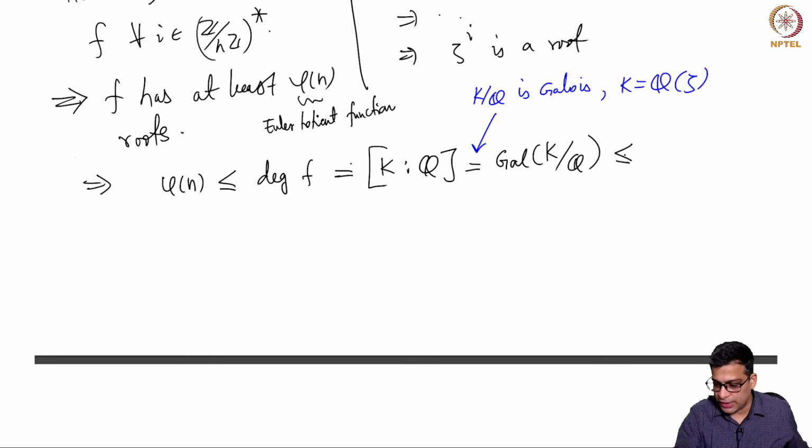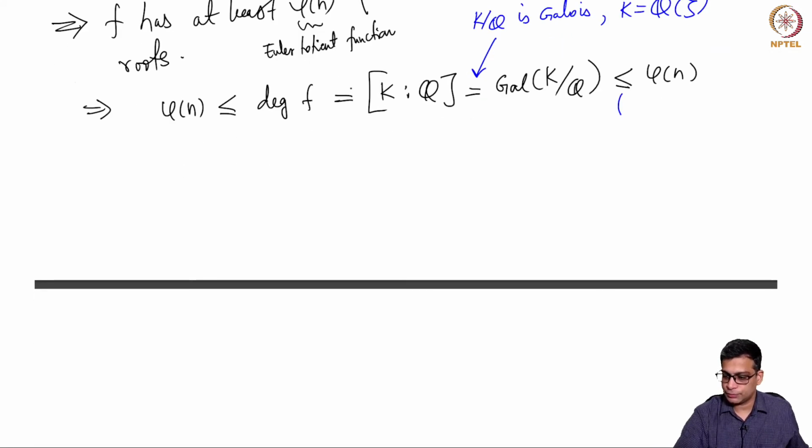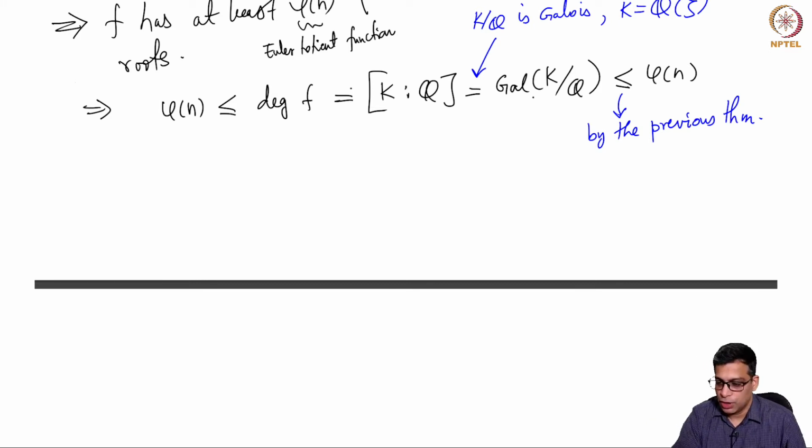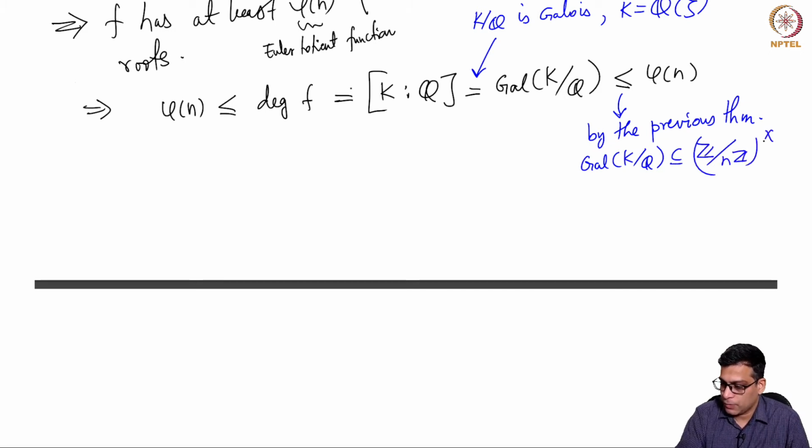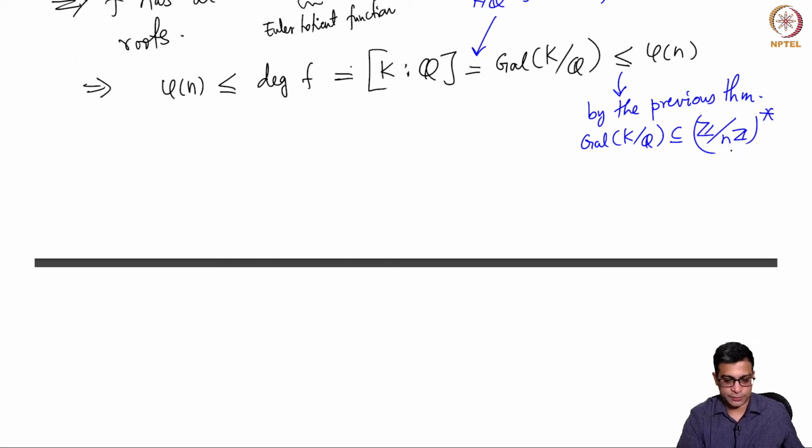Okay, but now this is less than or equal to phi n, because by the previous theorem, which I recalled at the beginning of today's video, we exhibited an injective map last time from Galois K over Q into Z mod nZ star. So the order of this group is less than or equal to the order of that group, which is phi n.